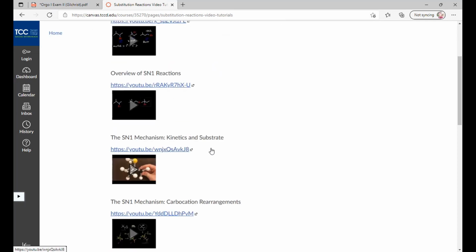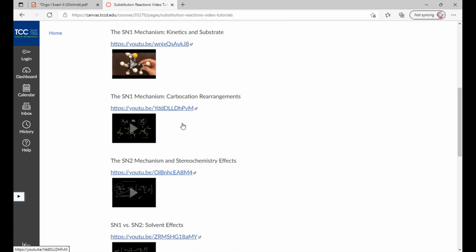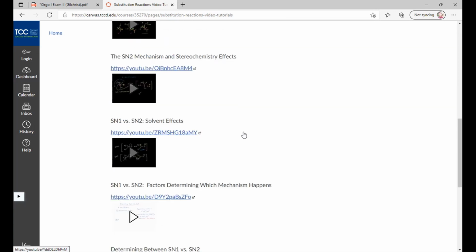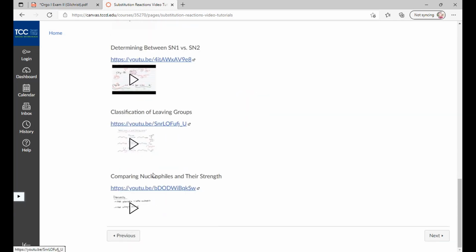There's overviews of the different SN1 reactions, how it works, kinetics and substrate, nucleophilic areas versus electrophilic areas, comparing nucleophiles and their strength.